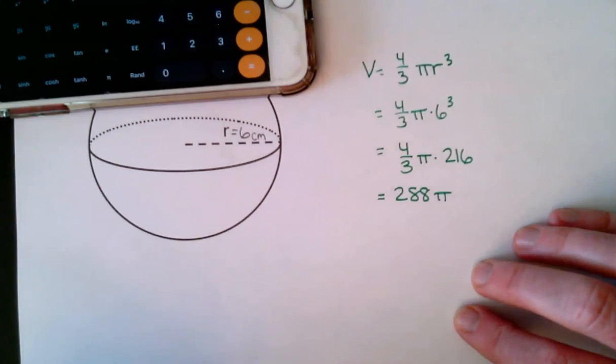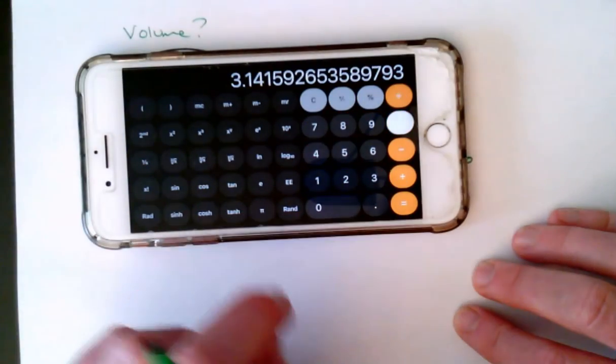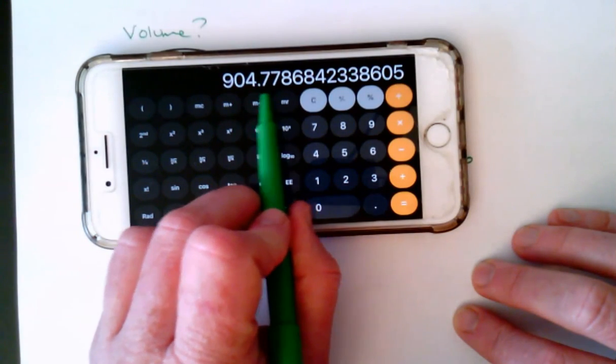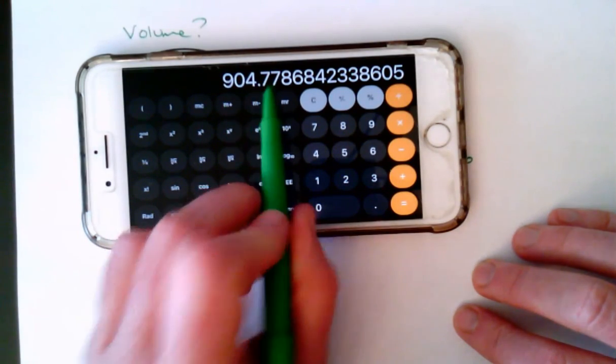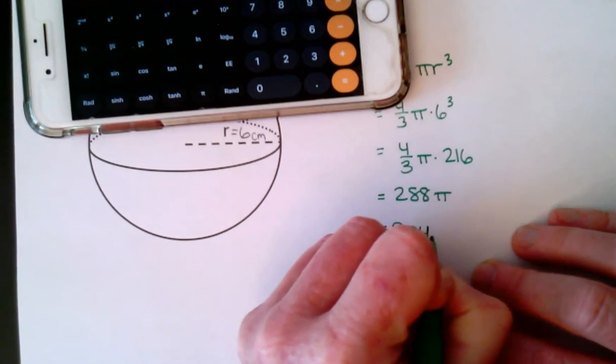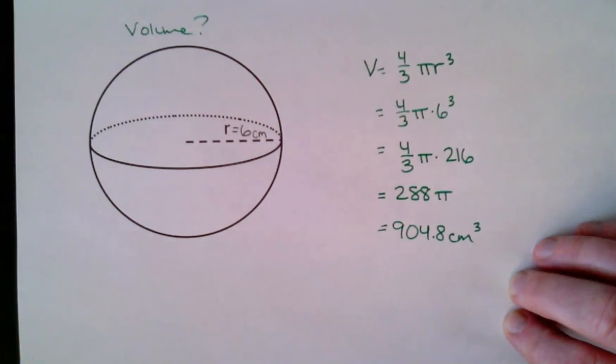You can leave it like that. Or we could take our 288 and multiply it by the pi button. 904.77, so we need to round that to 904.8. And that's centimeters cubed. We are done.